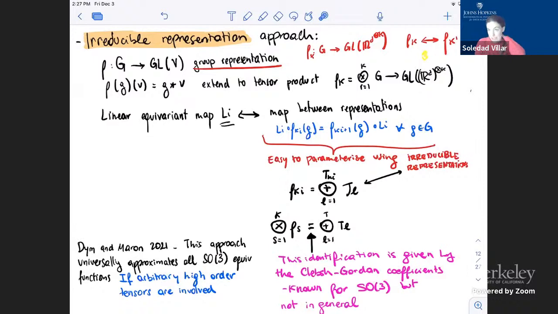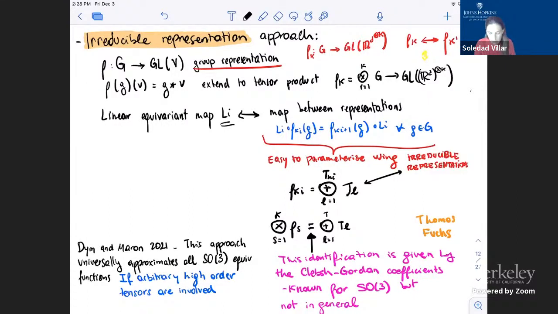But I must say there are some implementations that work for SO(3), and the two that I know are by Thomas, the first author of one, and Fuchs, the first author of the other. They implement these irreducible representations for SO(3), and they have equivariant networks defined on the continuous group. Instead of writing the tensors, they write them in terms of spherical harmonics, so they don't have to write very high order tensors, and it works.